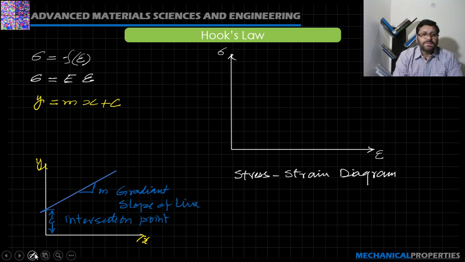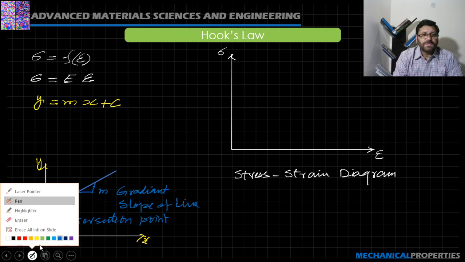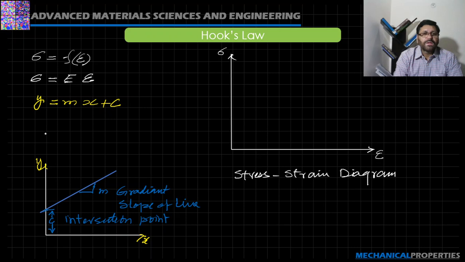And comparing this equation with the stress strain, we say here sigma is compared with y, epsilon is with x, and this E is the gradient or the slope, and here C is the 0, means the line passes through the origin of stress strain diagram.